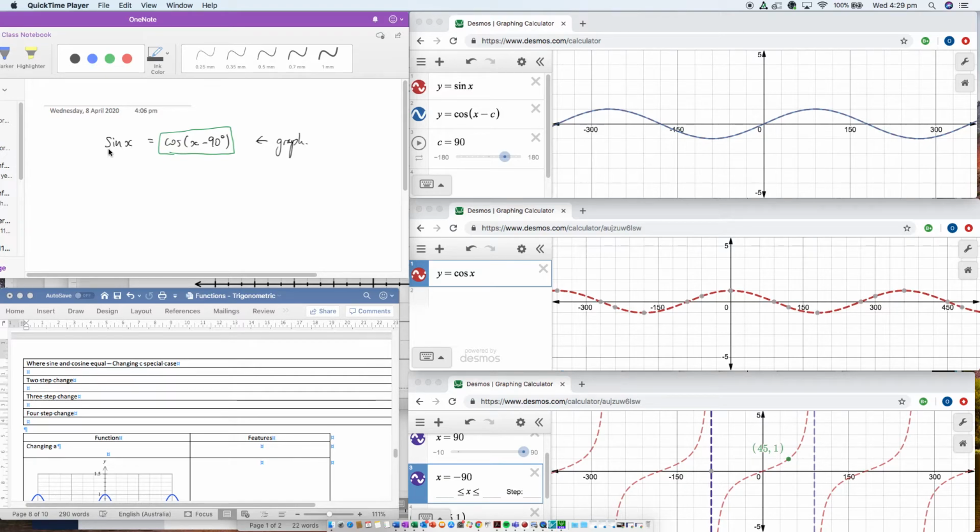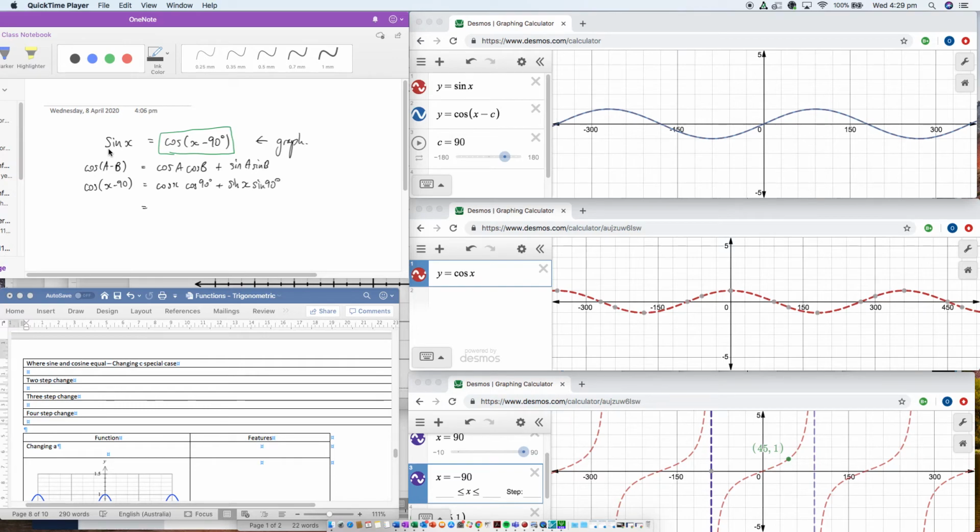So we're looking at cosine A take B, which is our difference rule for cosine, which goes cos A cos B, and then plus, it's always the opposite, sine A sine B. Now we're trying to evaluate it for x take 90 degrees, right? So let's just sub in these values. So cos x cos 90 degrees, plus sine of x sine 90 degrees.